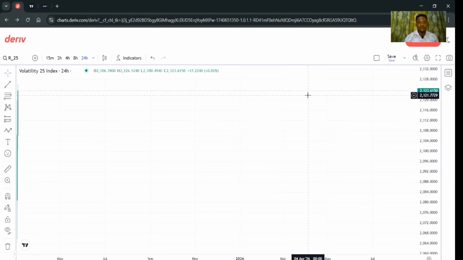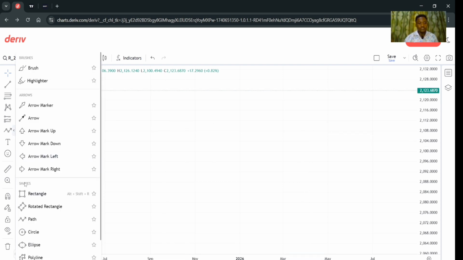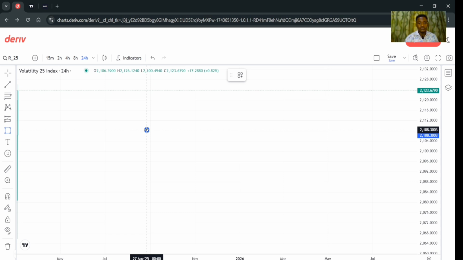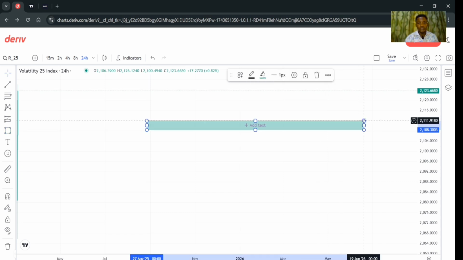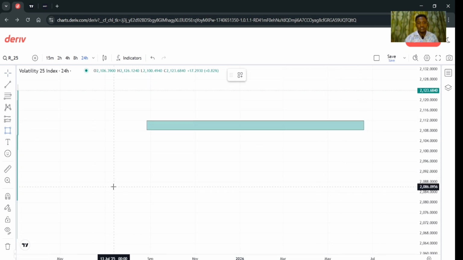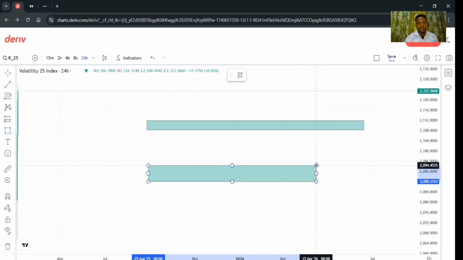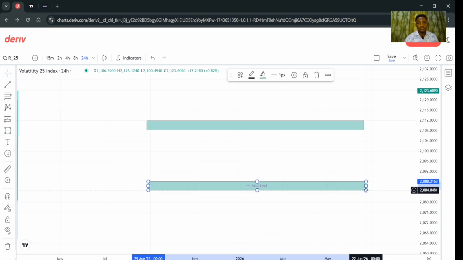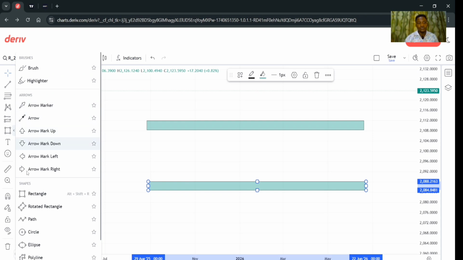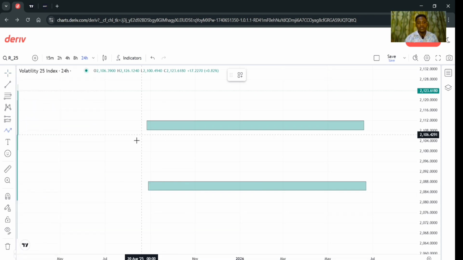So before we move to the chart, I will quickly want to show you something about support and resistance levels. Assuming this is a resistance level and this is a support level, for you to validate this level, for you to know that this resistance is valid, you need more than a touch.